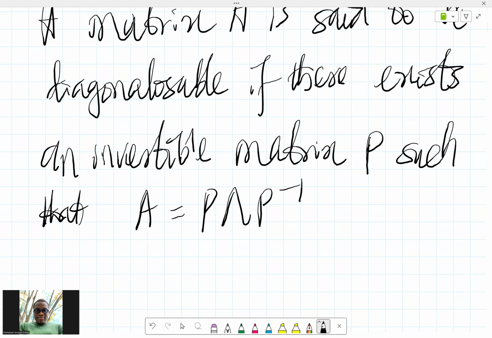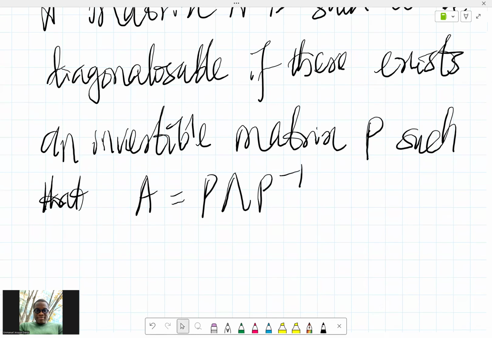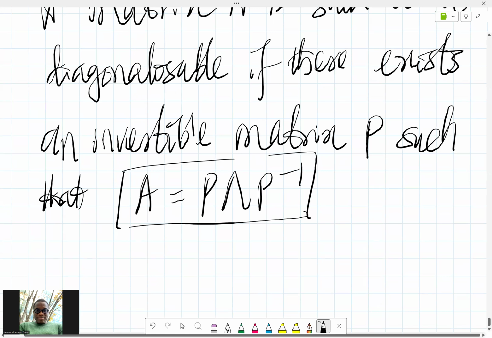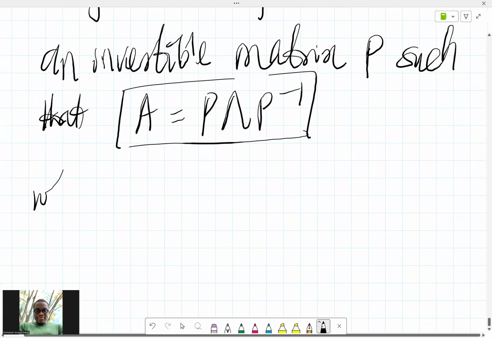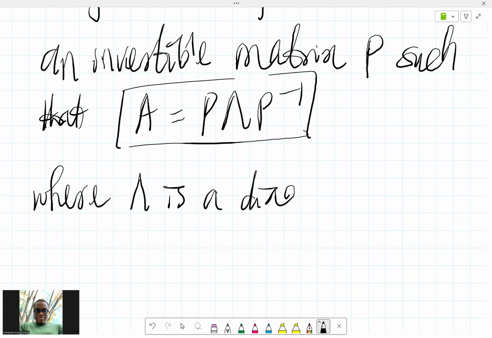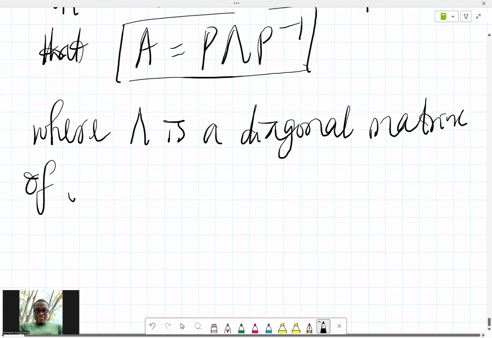I've forgotten what this should be called, pardon me for calling it different things, I think it should be alpha, where alpha is a diagonal matrix of eigenvalues.